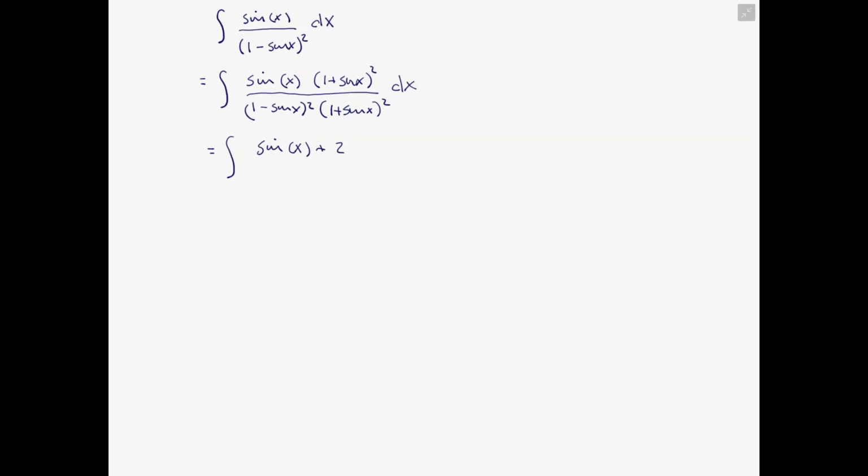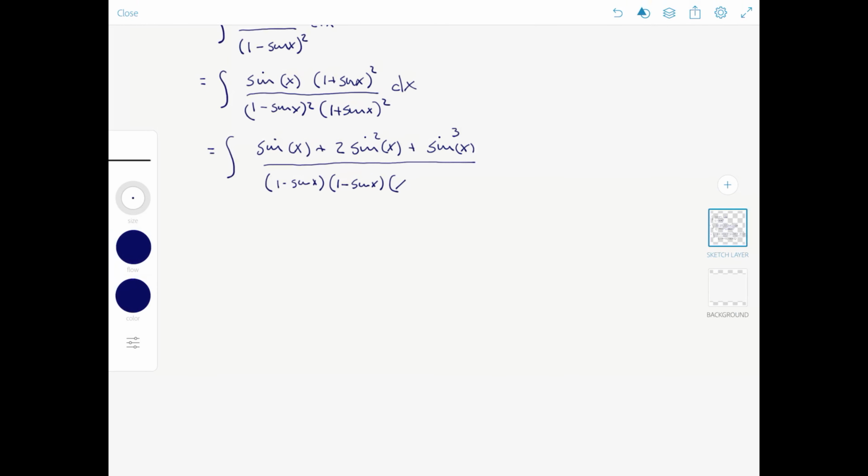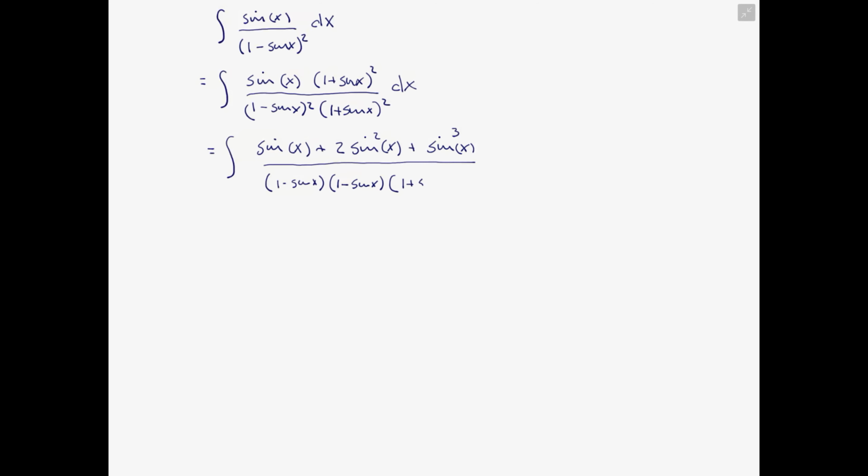So here, our numerator is sine x plus, now we're just expanding this, sine squared x plus sine to the third x over, now in the denominator we have 1 minus sine x times 1 minus sine x times 1 plus sine x times 1 plus sine x.